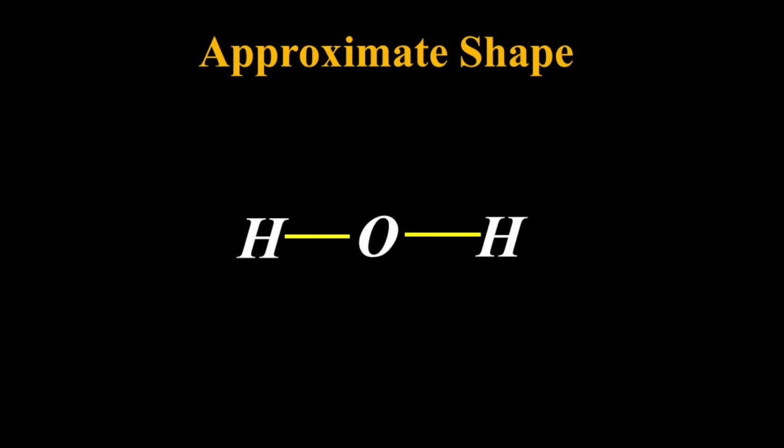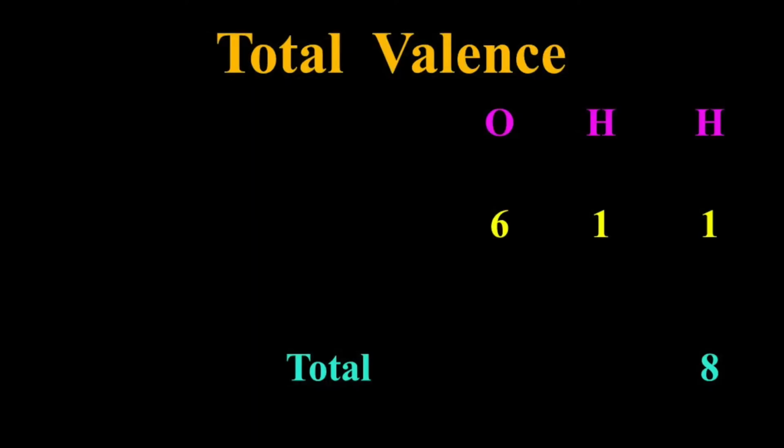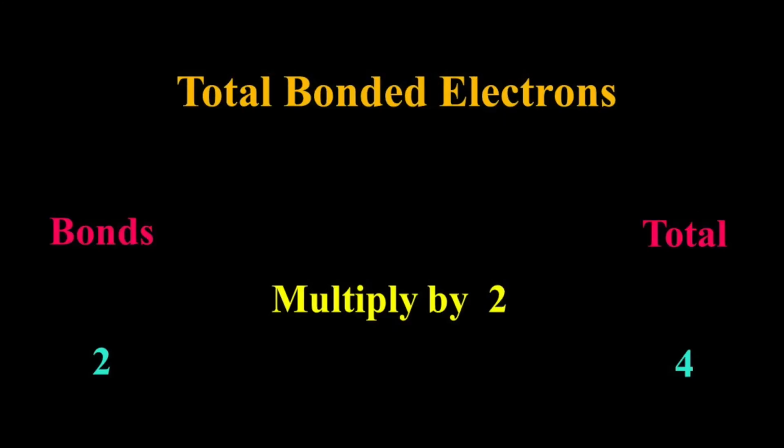Okay, so we know it's going to be 16 plus 1, and it's going to be 8. That's going to be the total valence. And then we're going to subtract 4 off because of 2 bonds. 2 times 2 is 4.